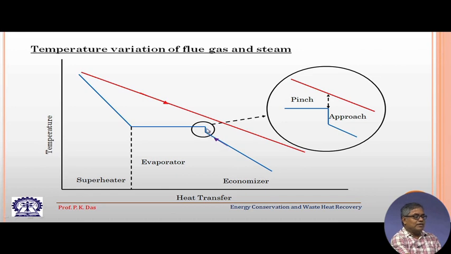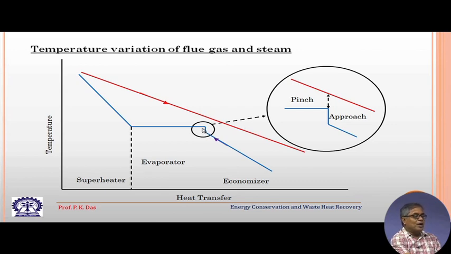And along with this there is another vertical line which is called approach. So, what we find is that in the economizer it will not achieve the saturation temperature, so there will be a small amount of subcooling.